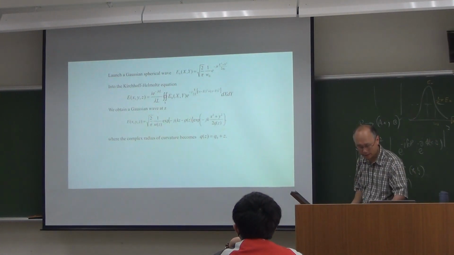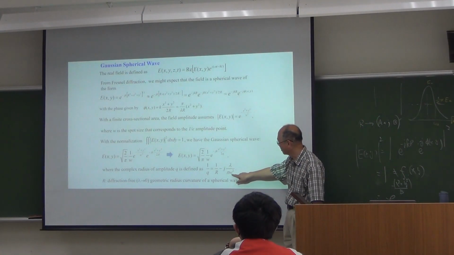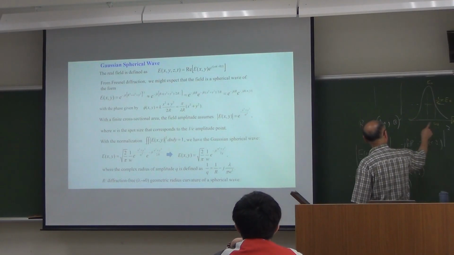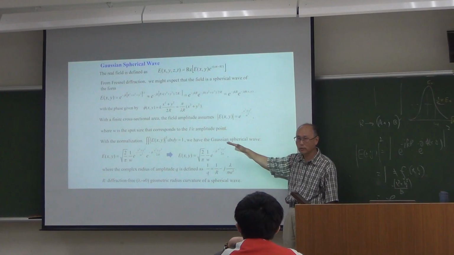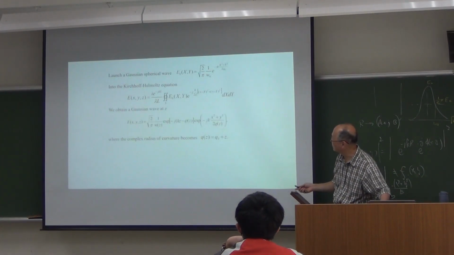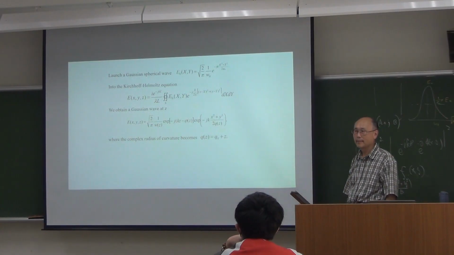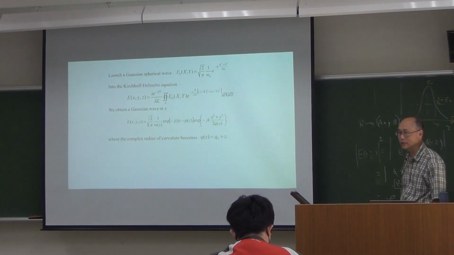Okay, and don't forget that your initial value is right here. So you have initial radius. But then once you propagate, this Q will grow with distance. So this is how we obtain it from this linear diffraction theory.